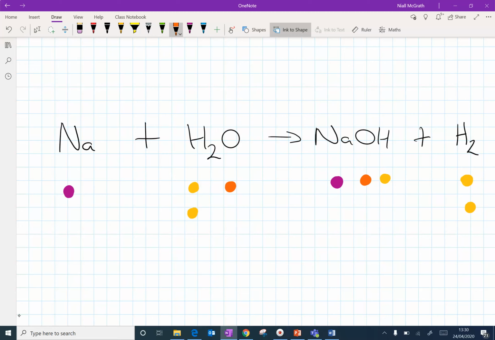So the only thing that isn't balancing at the moment is our hydrogens, because we have 3 in our products and we have only 2 in our reactants. So we have to look at both sides of our equation and try and come up with a way that would possibly balance this.